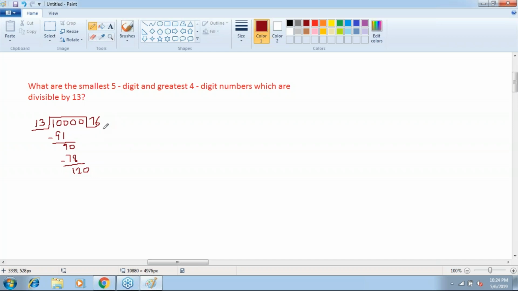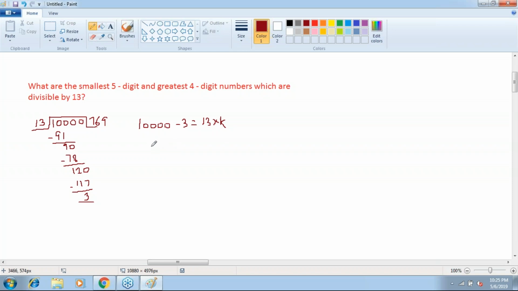So 13 nines are 117. I got 3 remainder. Which means 10,000 minus 3 will be divisible by 13, right?